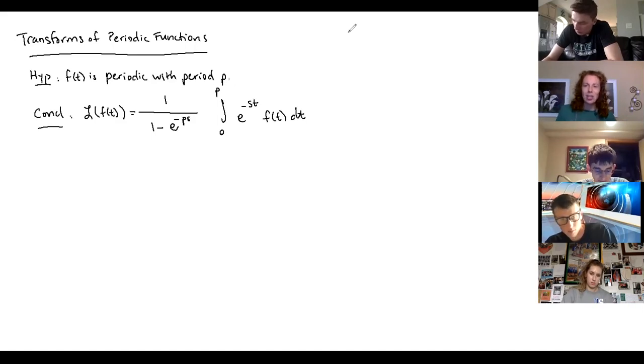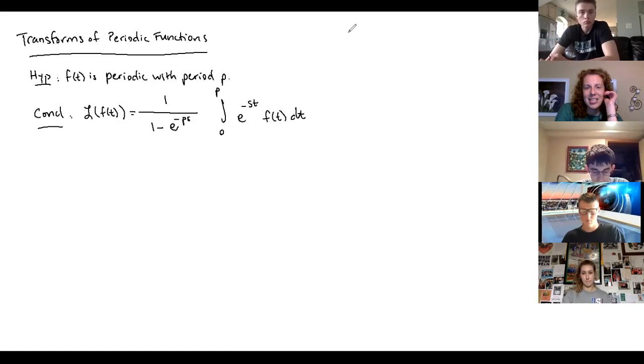That's a disaster and you're thinking, why are we doing this? 1 over 1 minus e to the negative p times s, integral from 0 to p, e to the negative st, f of t dt.